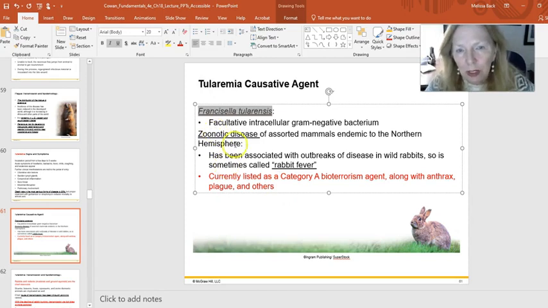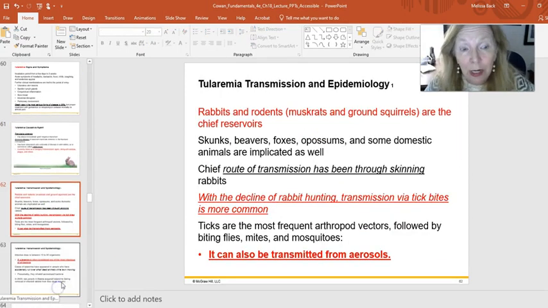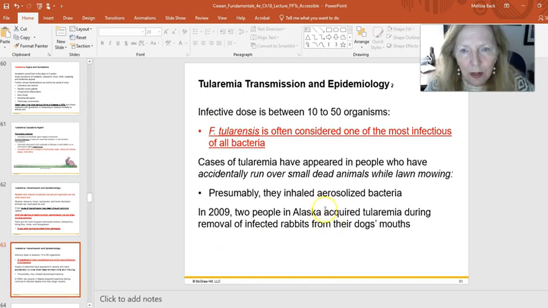Now the people most at risk for these are going to be people who are handling these types of animals. So veterinarians, farmers, hunters, these types of people are going to be the most at risk. If there are high enough numbers of it, it can also be transmitted through aerosol.